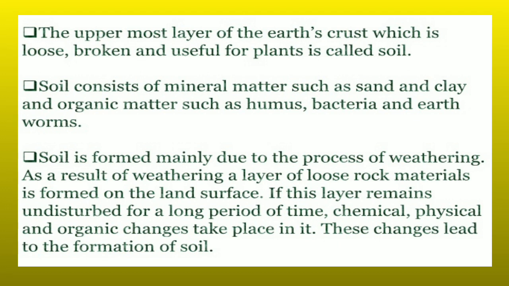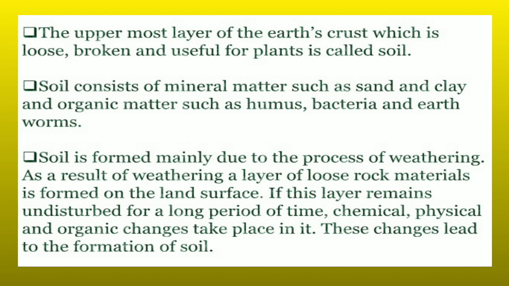Now soil is formed mainly due to the process of weathering. Now we are studying how soil is formed. As a result of weathering, a layer of loose rock material is formed on the land surface.